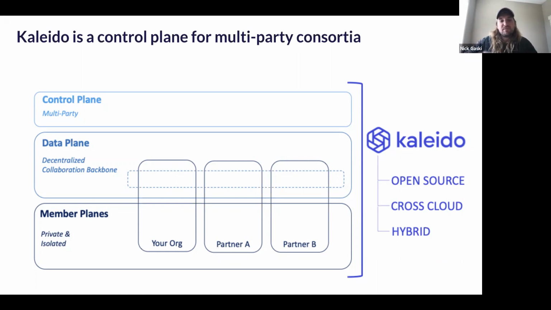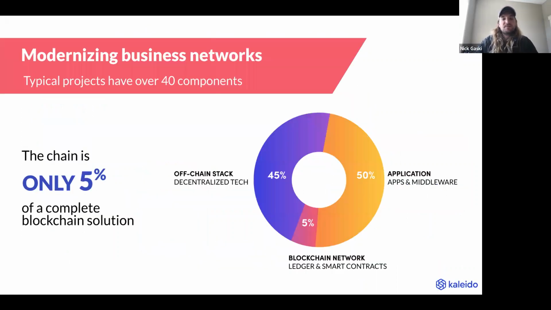So we have this middle ground where we're going to share some data. And then at the very bottom, as I was alluding to about integrations with your back office systems or your cloud estate, you have isolated autonomous member planes where you have full control of any integrations that you want to implement, any key management, cycling of credentials, et cetera. So it really bridges all of those different tranches of shared, hybrid, and then completely private, right there in your overall Kaleido experience.